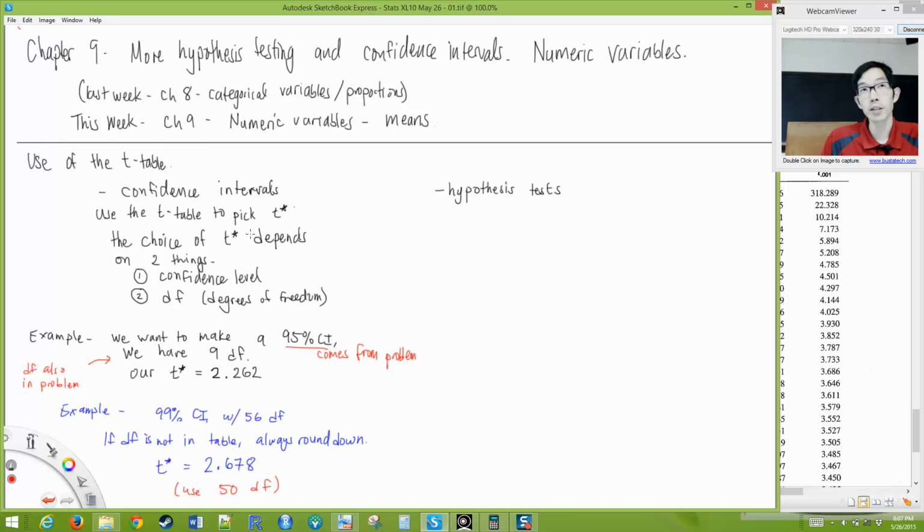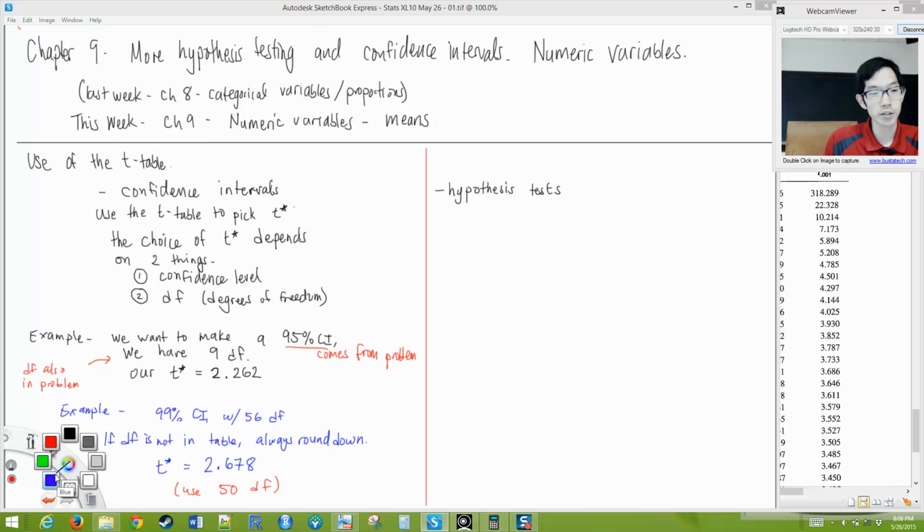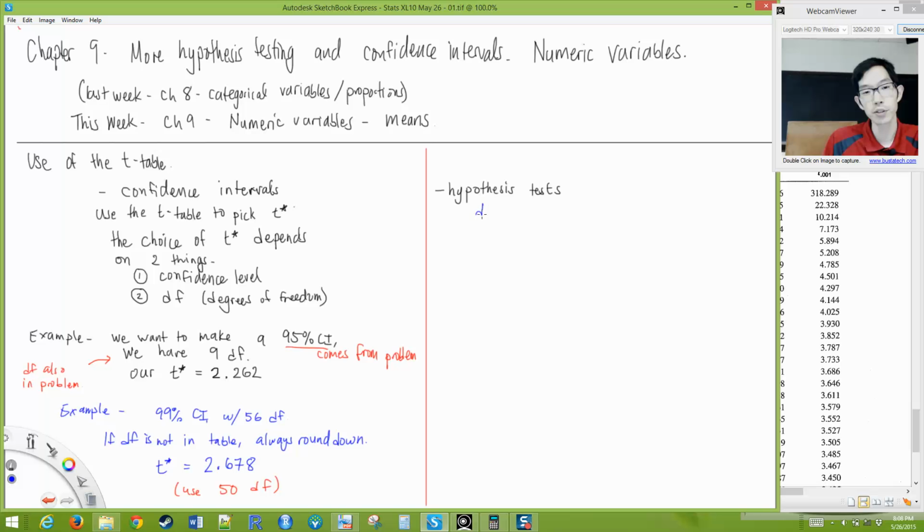Okay, so that is one use of the t-table. Is that okay with everybody? It's not too bad. Okay, the use of the t-table for the hypothesis test, this is where it gets a tiny bit trickier. So in a hypothesis test, you do your calculations, and then you use your t-table to figure out your p-value.